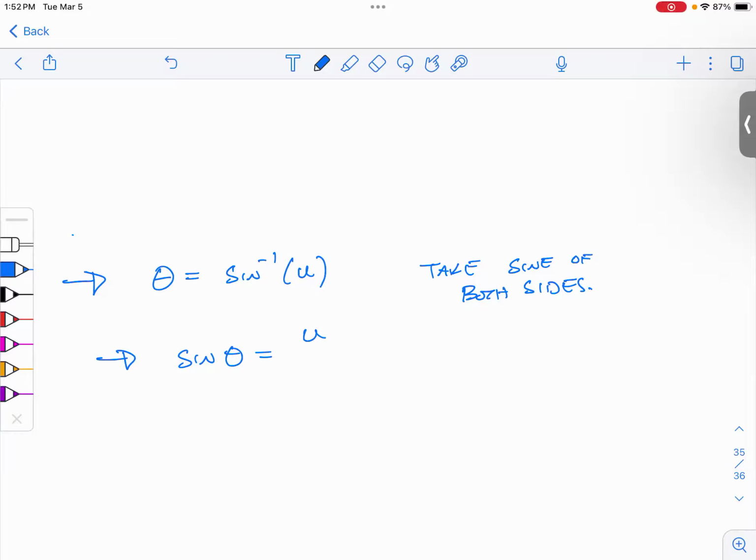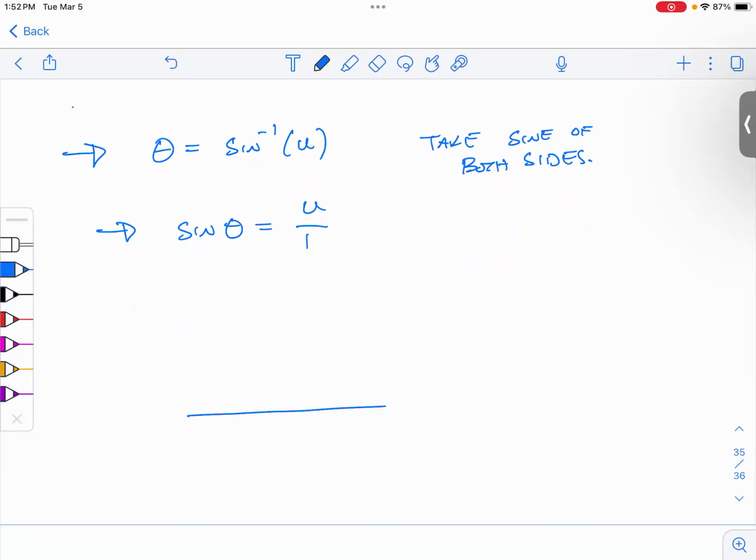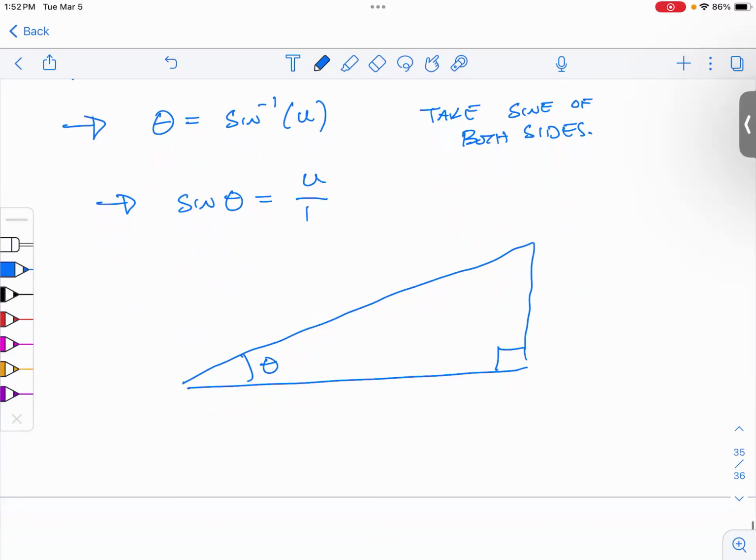And SOHCAHTOA, remember, all trigonometric functions are something over something. That means this is u over 1. From that, I should be able to make a triangle. And so here's my triangle. There's my angle theta. Sine is which side over which side? Opposite over the hypotenuse.